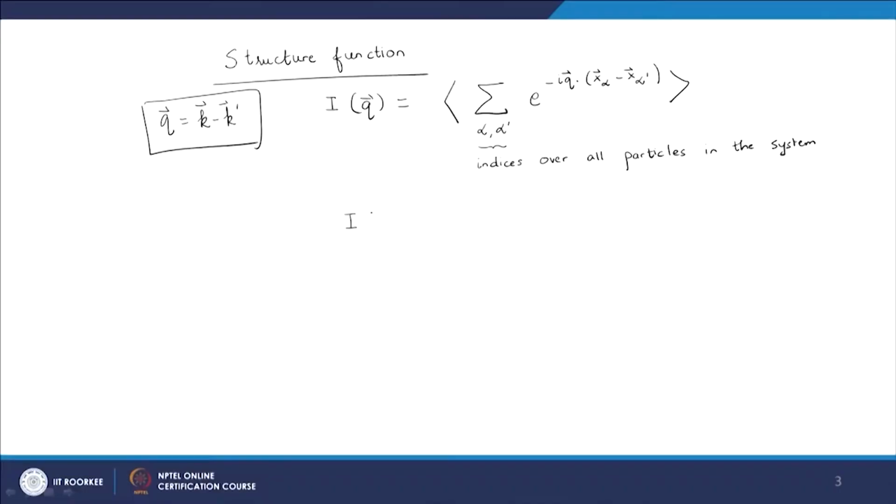Okay. So now you can see that I of q is extensive, since we are simply adding up over all the possible indices. If the number of particles increases, we will have a higher value of I of q.